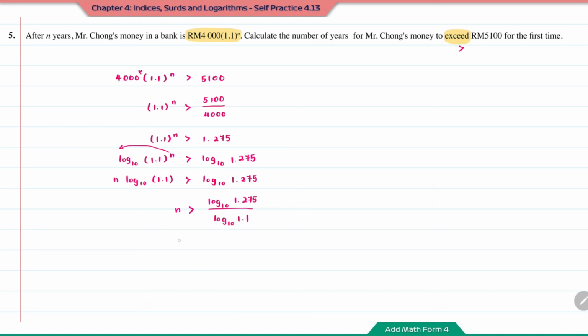So solve this part using the calculator, you'll find that n is greater than 2.549. So the n is referred to the number of years, which is a whole number. So the nearest one, when the n is greater than 2.549, is n equal to 3. So the number of years is equal to 3 years.